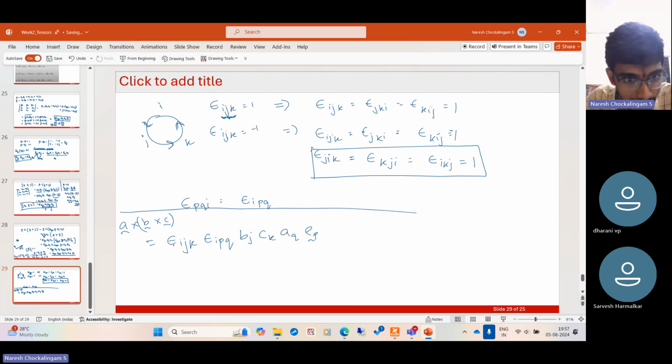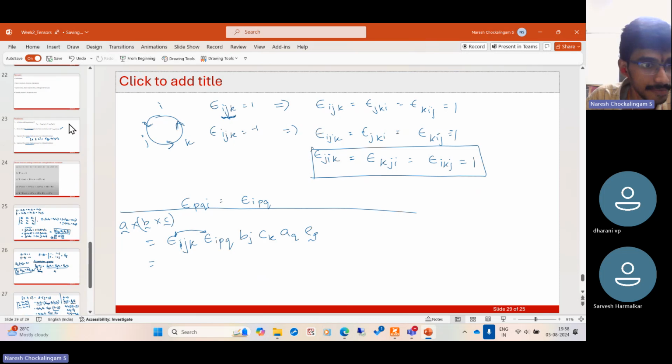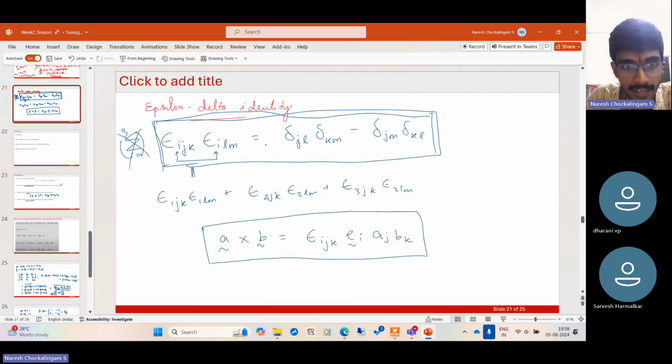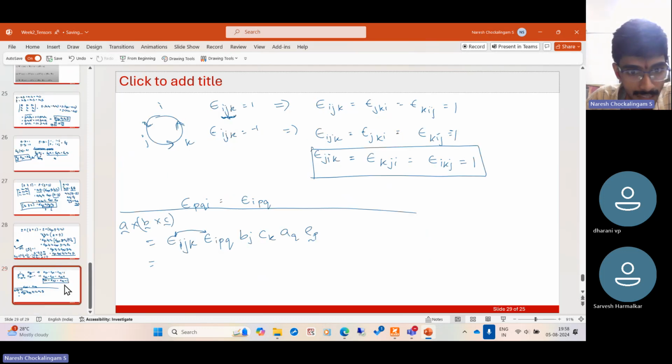Now you see this has two epsilons and the first index is the same. So now use the epsilon delta identity. When you have the first index common, leave it. If you want, you can look at it here. First multiplied by first, second by second, minus first by second, second by first. That is how it is. So use the same format and substitute.